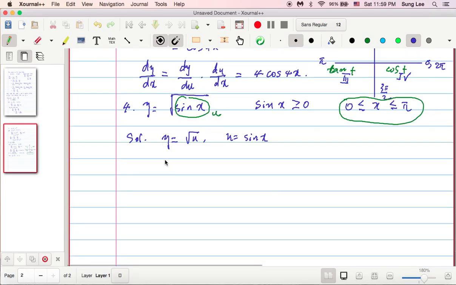We find dy by du, which is 1 over 2 times the square root of u, and that equals 1 over 2 times square root of sine of x. And du by dx is cosine of x.